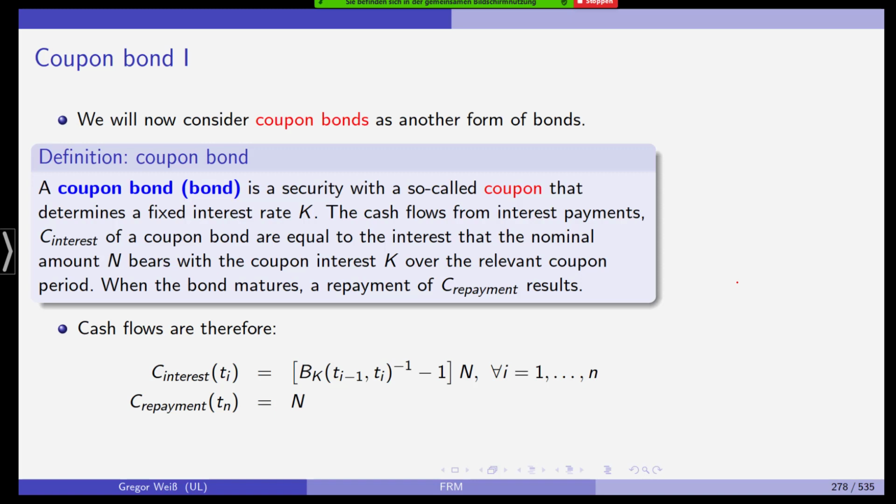So when the bond matures, a repayment results. So in between, we have the repayment here at the very end of the notional, and in between, we are using the interest rate K, and we revert our discount factor back into K. So in the end, what we have here is K times N.